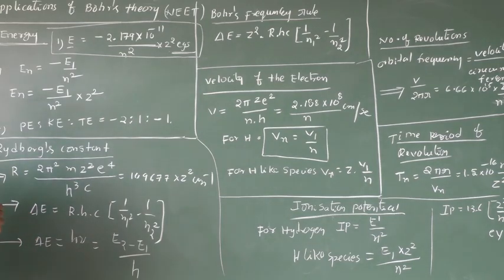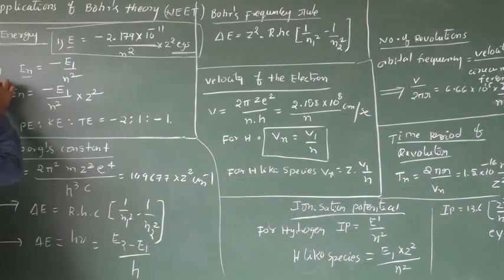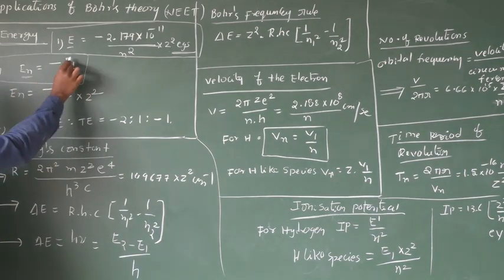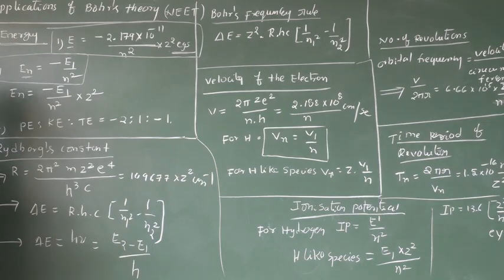After that, the second formula regarding En, the energy of the nth orbit: En equal to minus E1 by n square.